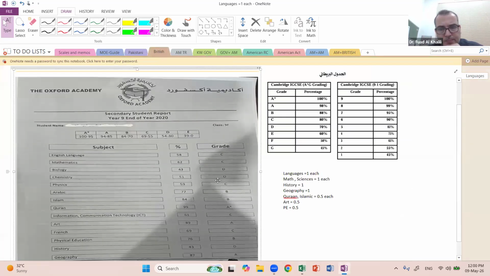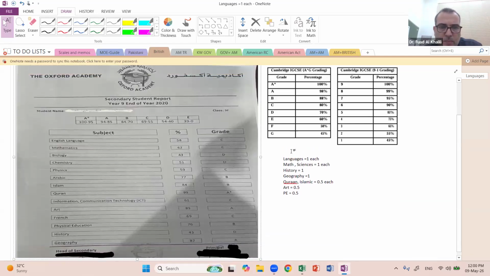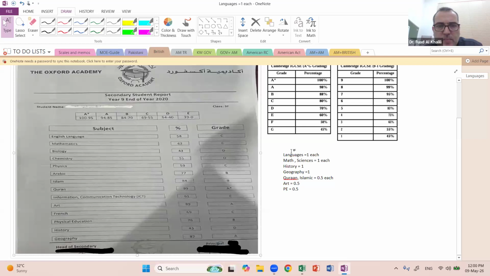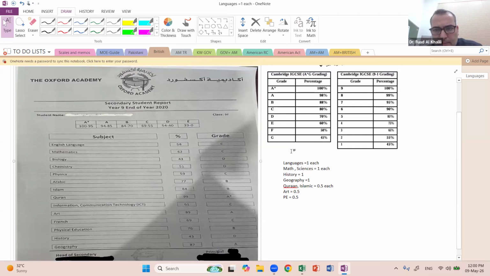Now the British system, we have to be careful with it, because the British system has two grades, one with numbers or percentage, and one with the letter grade. We have to look at the scale.